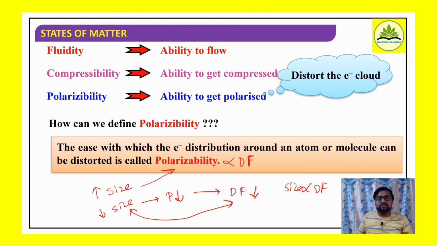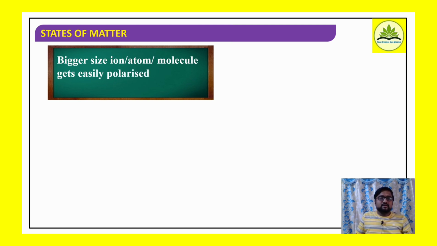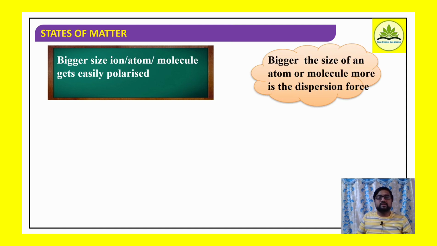Now if we consider a bigger ion, atom or molecule, such species get easily polarized. So the bigger the size of an atom or a molecule, the more the dispersion force. The conclusion we draw is that size is directly proportional to dispersion forces, also called London forces.